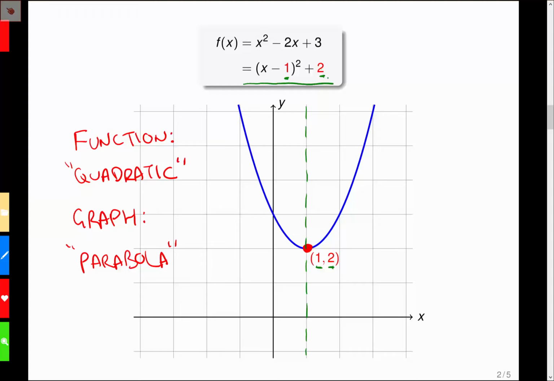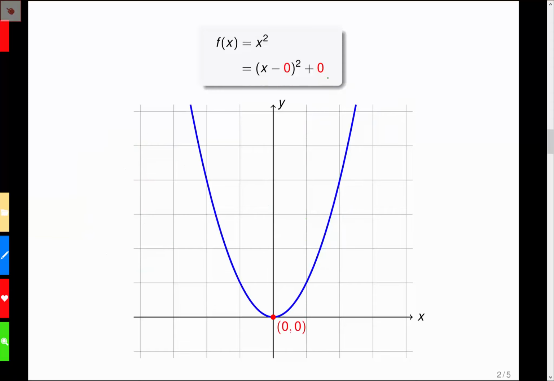tells you that this graph is precisely the graph of the simple quadratic, f of x equals x squared, that has been shifted or translated 1 unit to the right and 2 units up.